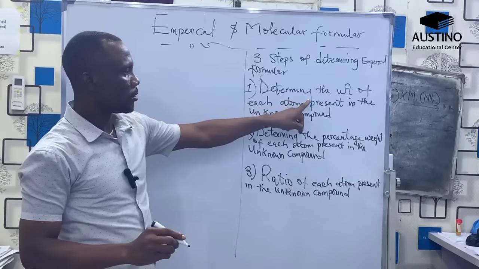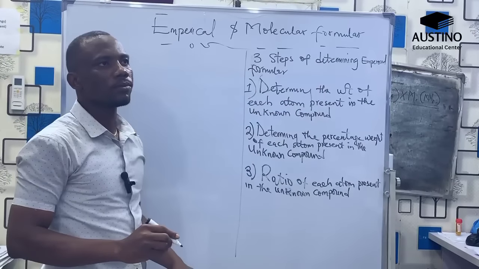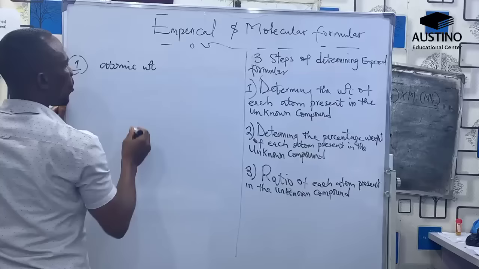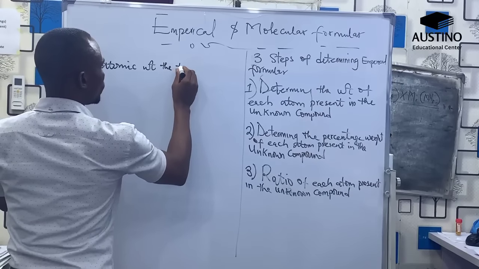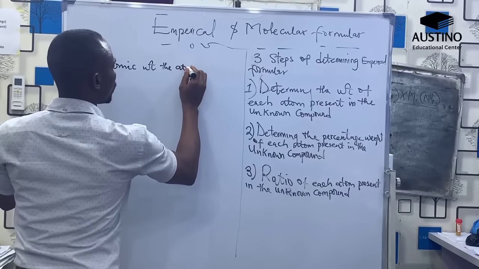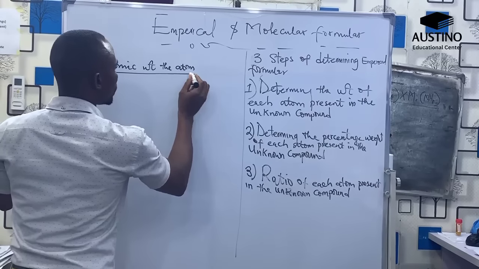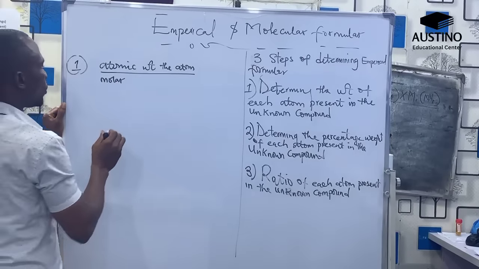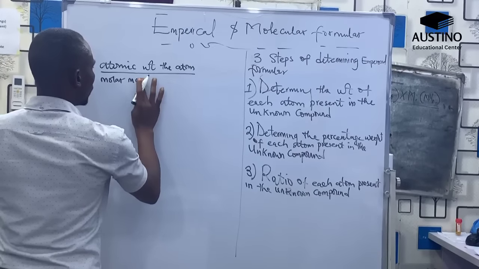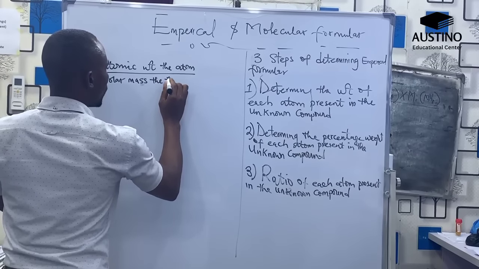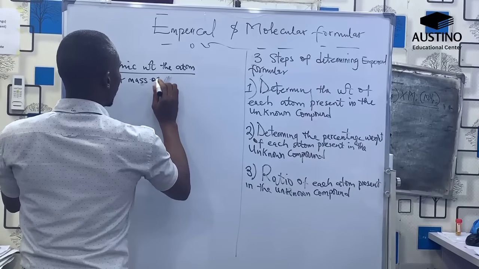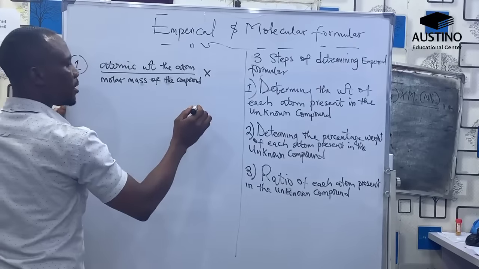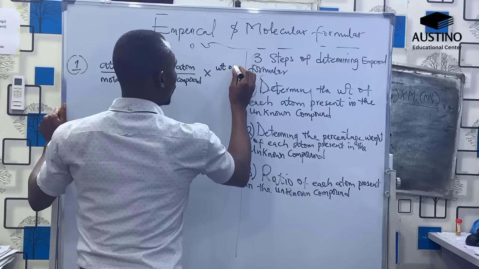So the formula used in finding the weight of each atom, number 1: atomic weight of the atom, all over the molecular or molar mass of the compound, times the weight of the compound.